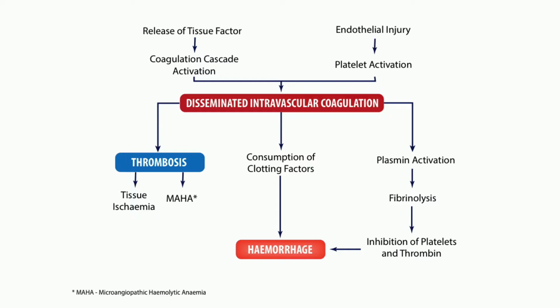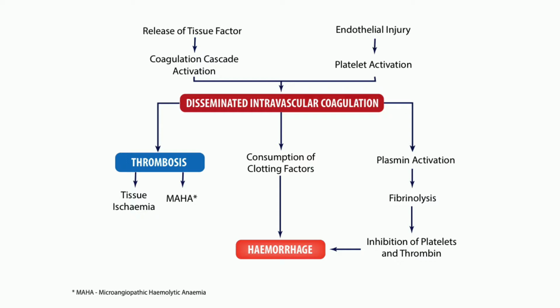You'll recall that a cardinal feature of DIC is that you have bleeding and thrombosis because you're just using everything up. So you've got tissue factor, which is obviously activating the coagulation cascade, as we talked about in the first masterclass, and direct damage through toxins and infection or whatever stimulates platelet activation, and this triggers DIC.